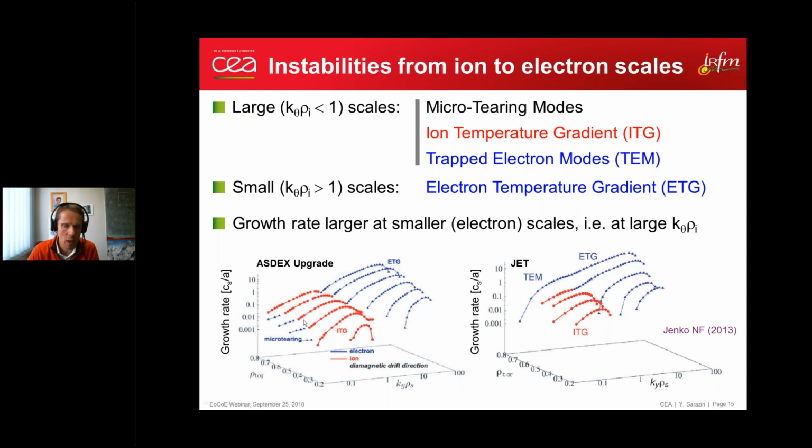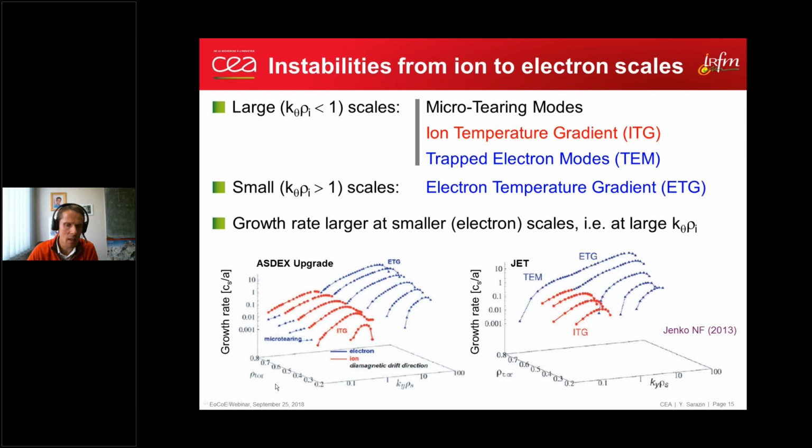So this is what has been done here. As a function of the normalized minor radius and of the wave vector of the instability, you plot the growth rate, for different experimental measurements, for the ASDEX machine and for the JET machine.